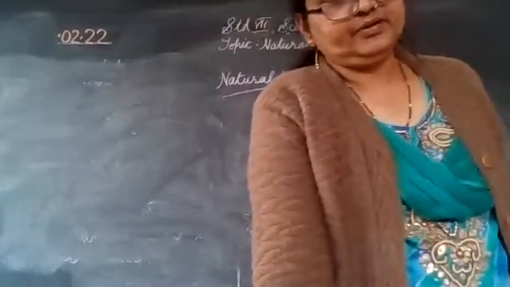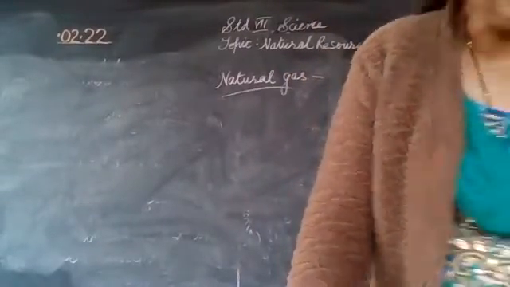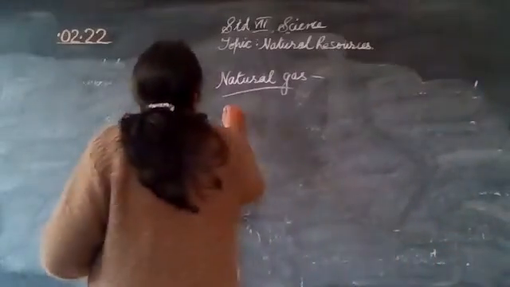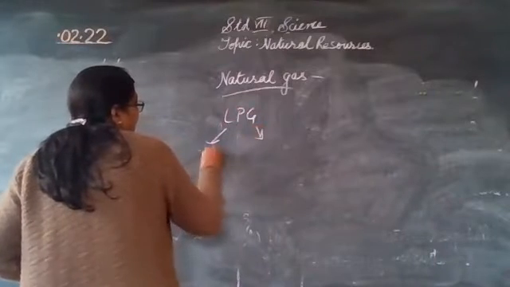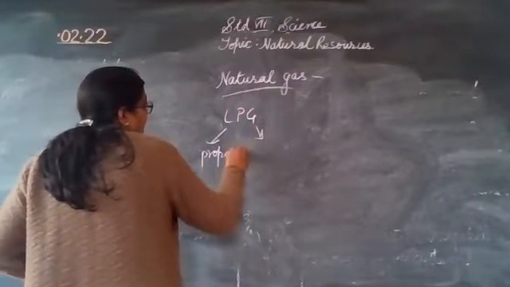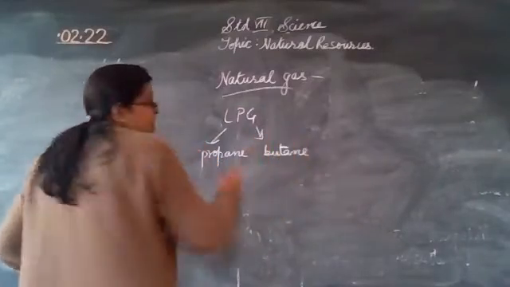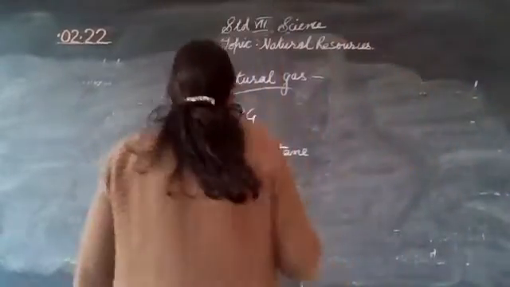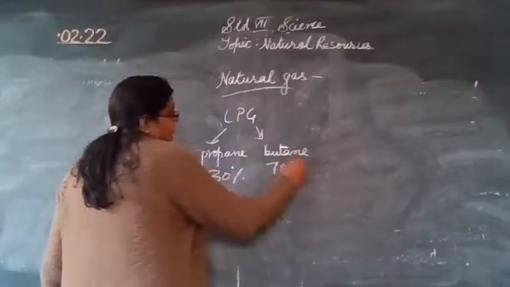You might have seen your gas cylinders, isn't it? LPG has two components, propane and butane, and the percentage is also decided: 30 to 70, propane is 30%, butane is 70%.